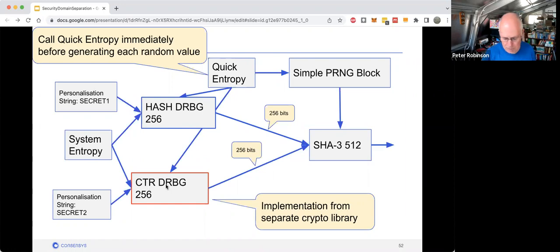CTR DRBG is based on the AES algorithm, whereas Hash DRBG is based on a hashing algorithm. The idea is that you feed your personalization strings and your system entropy into these two PRNGs. And then you've also got your simple PRNG block. And the idea is that you combine all three of these.